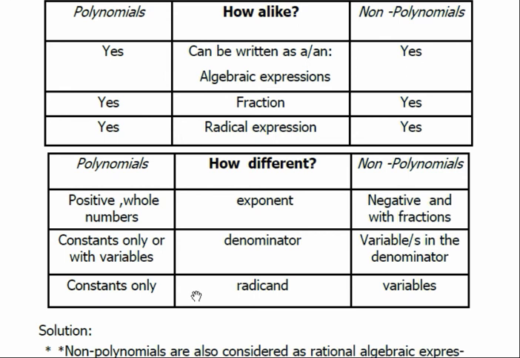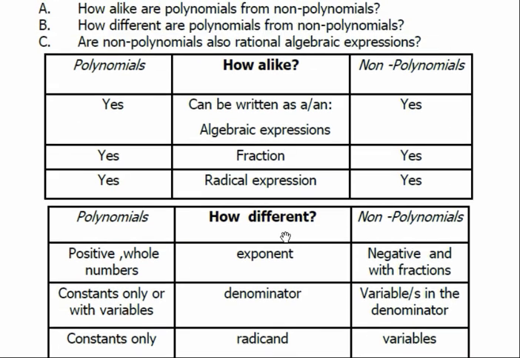For the radicand, if it is a polynomial, the radicand, meaning inside the square root, the cube root, has to be constants only, not with a variable. And with the non-polynomials, it could include variables. So those are the differences and the similarities of polynomials and non-polynomials.